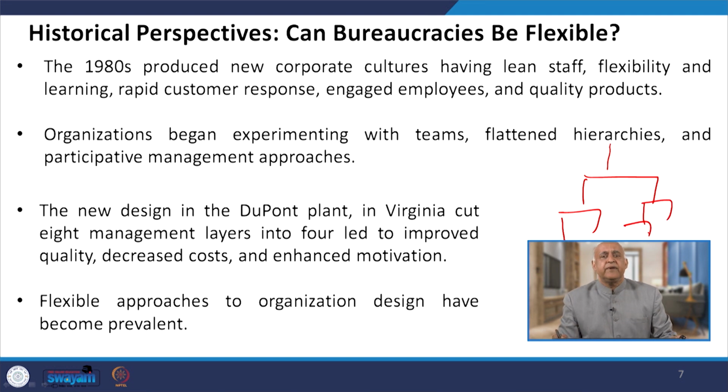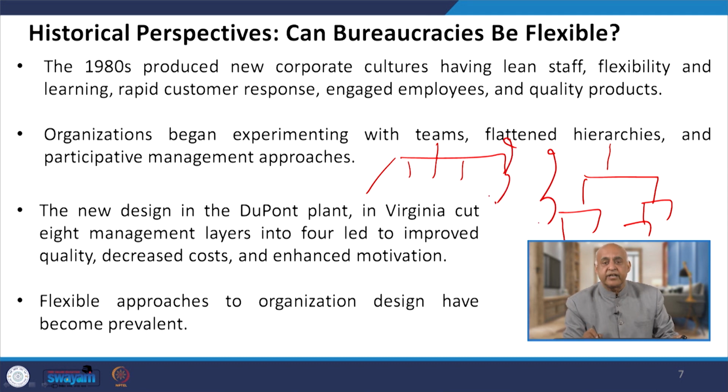When I talk about the flat structure, this is the structure. So, these 5 persons who were in 3 layers here will become just 2 layers, and therefore you are going from the tall structure to the flat structure.